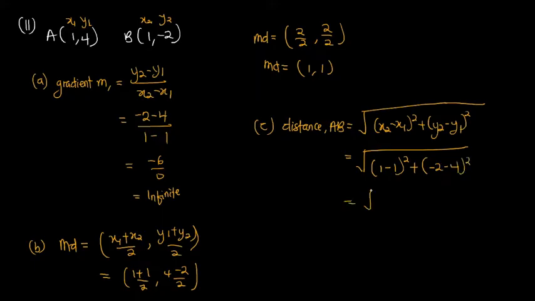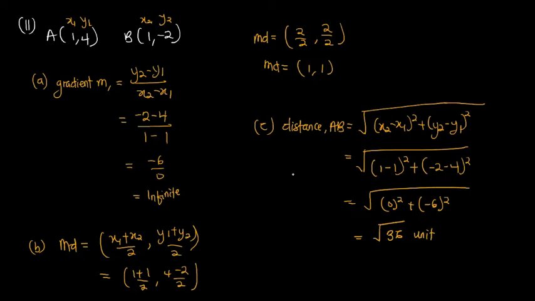So this is equal to 1 minus 1 is 0, so we square that, plus, in brackets, -2 minus 4 is -6 squared. So this will give us the root of 0 squared is 0, and then negative 6 squared will give us 36. So the distance AB is root 36 units.